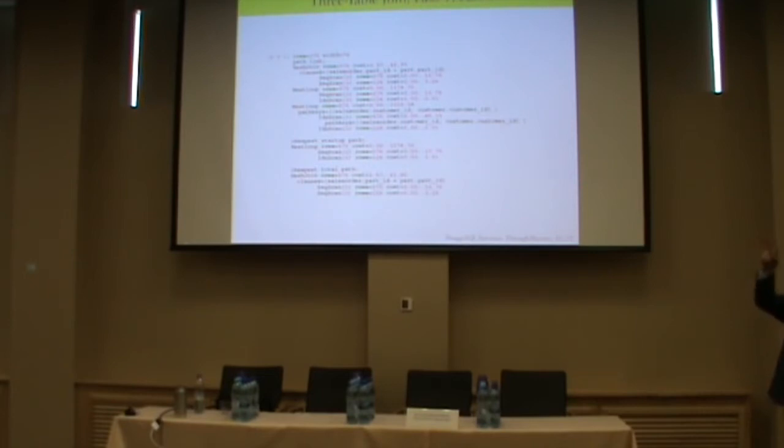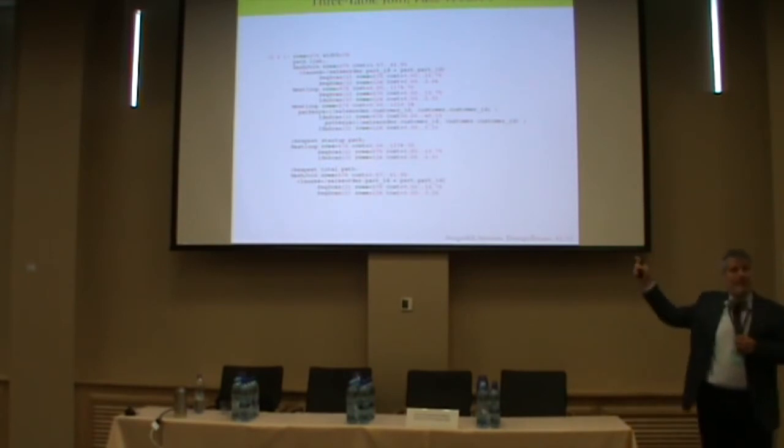Remember, I'm joining tables 2 and 3. I might want to do a merge join with table 1 later. Okay? So even though the third one has a higher total cost, if I can do that and avoid a sort later for a merge join, that might be a win for me.